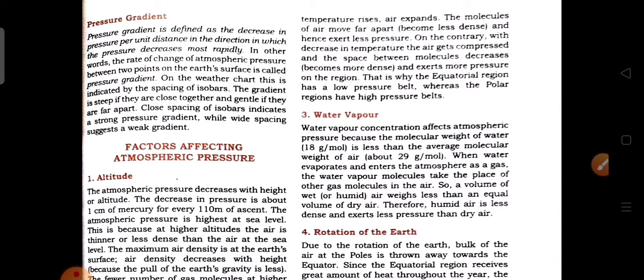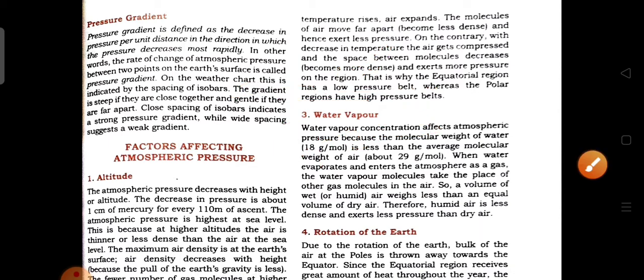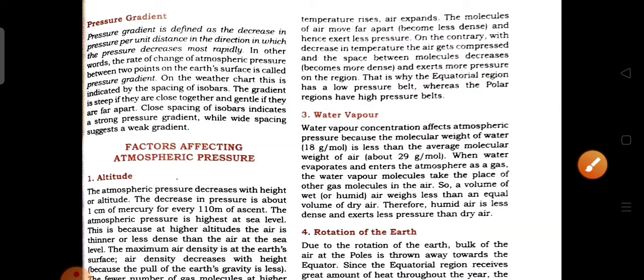The gradient is steep if the isobars are close together. If the two isobar lines are this close, then the gradient is steep. And if there is a lot of space between two isobars, then the gradient is gentle.